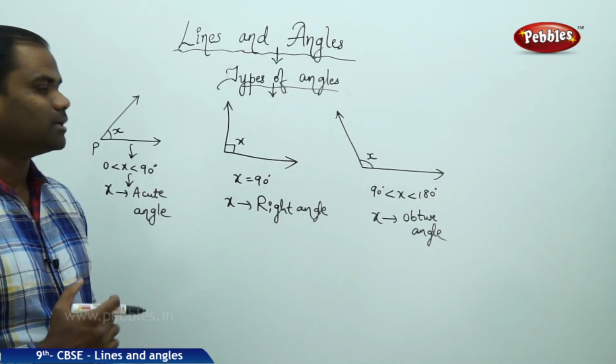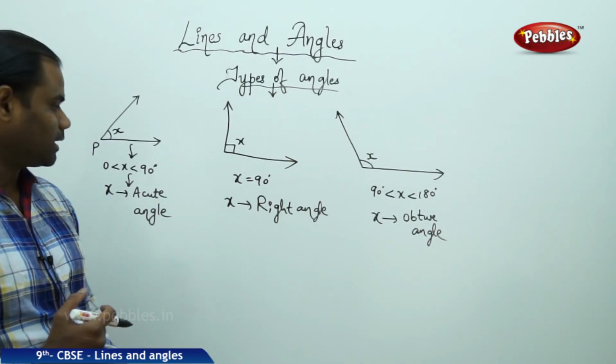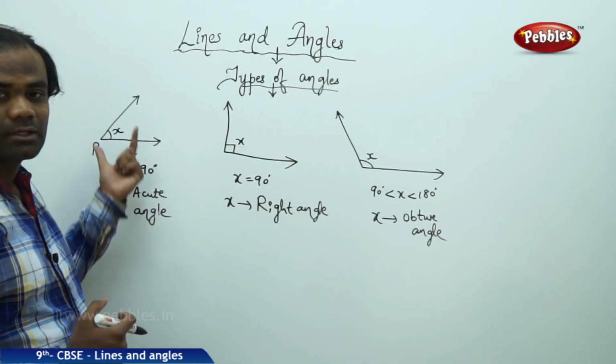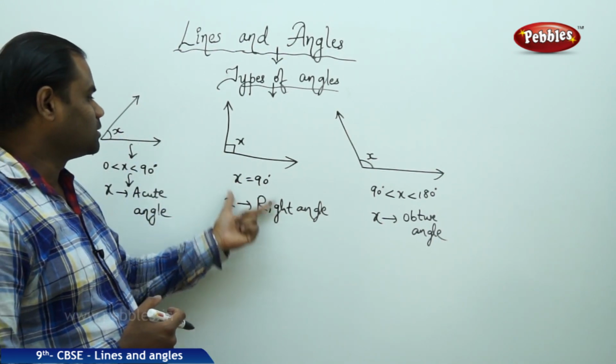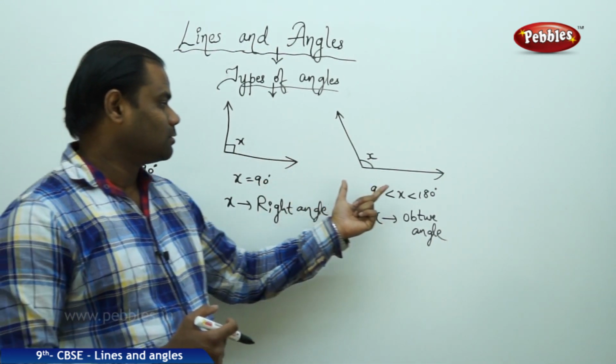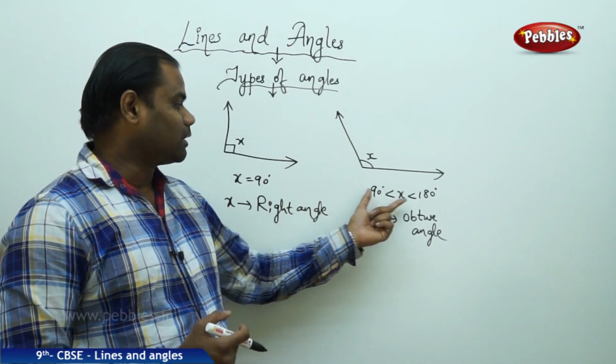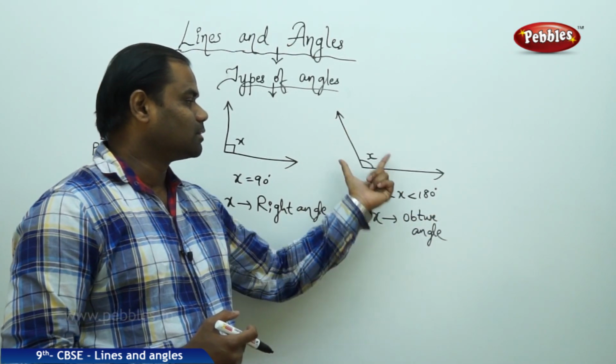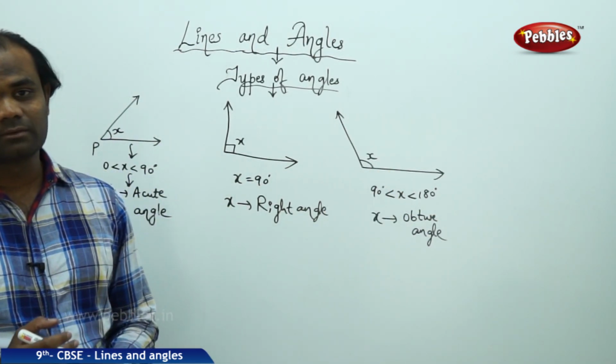This is how we see the three different cases of an angle: less than 90, acute; equal to 90, right angle or perpendicular angle; and between 90 and 180, obtuse angle.